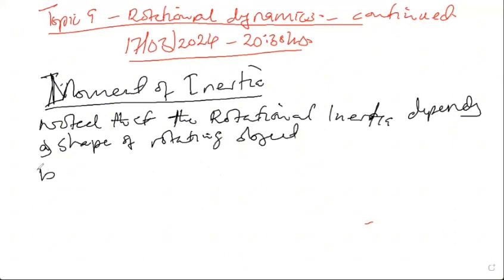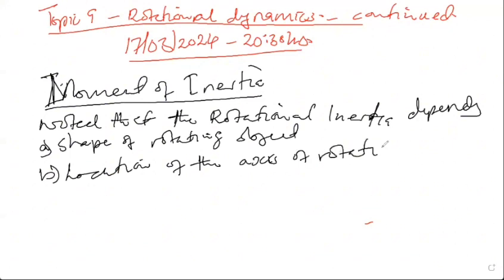B, the distance, or the location of the axis of rotation. And C, the mass of the object.